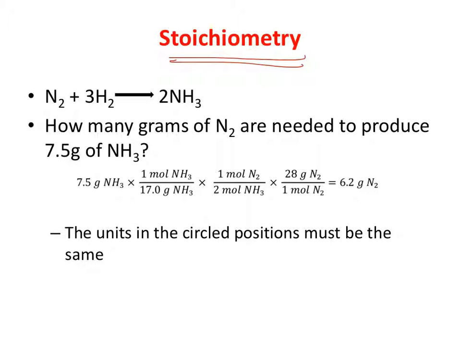Stoichiometry means the quantitative relationship between the amount of reactants and amount of products. The next few topics will help us to understand how to calculate the amount of products produced when we have a certain amount of reactants, or if we need a certain amount of product, how much of reactant we need to start with.